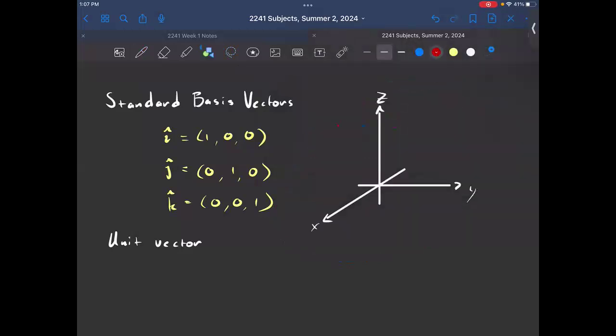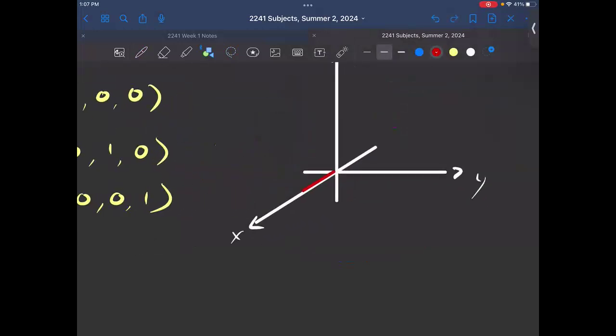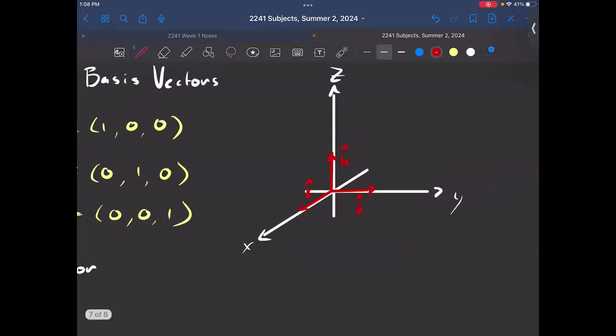Now I can put them in red. So here's my i vector, and my j vector and my k vector. i hat, j hat, k hat. Sorry, that's still kind of hard to see, isn't it? Well, just bear with me.